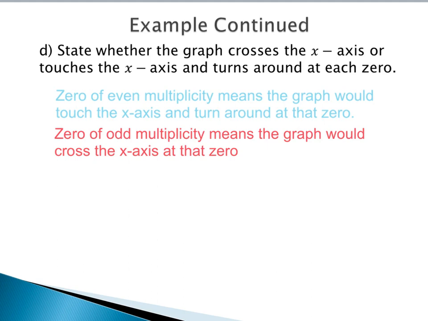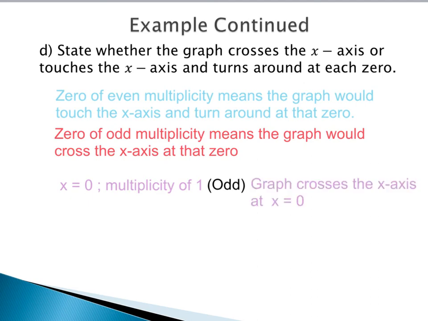Looking at what we had before, x equals 0 had a multiplicity of 1. 1 is an odd number. We don't care about the actual 0, we care about the multiplicity. So since x equals 0 had a multiplicity of 1, which is odd, that means at x equals 0, the graph will cross the x-axis, going from either positive to negative or negative to positive.